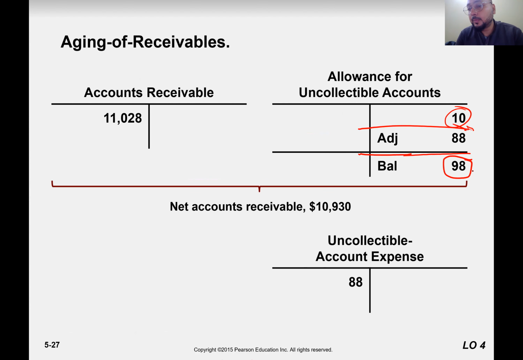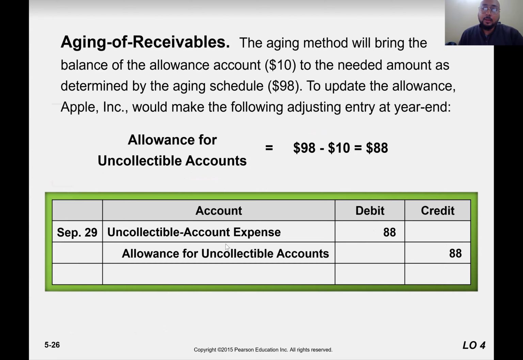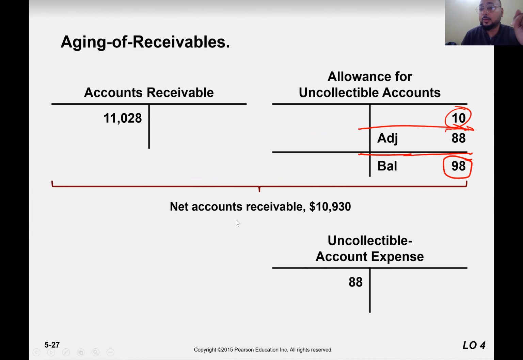So you go back, reverse adding, you will find out 88 is this year's expense. So the entry would be the same: uncollectible expense to allowance for uncollectible, 88, right? So we find out this year 88 would be the uncollectible expense.